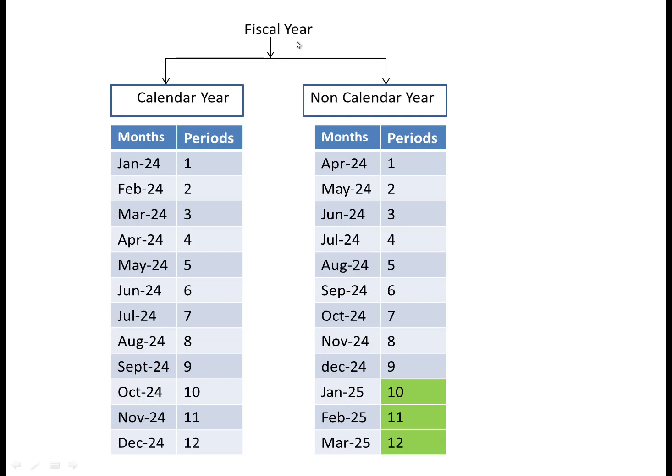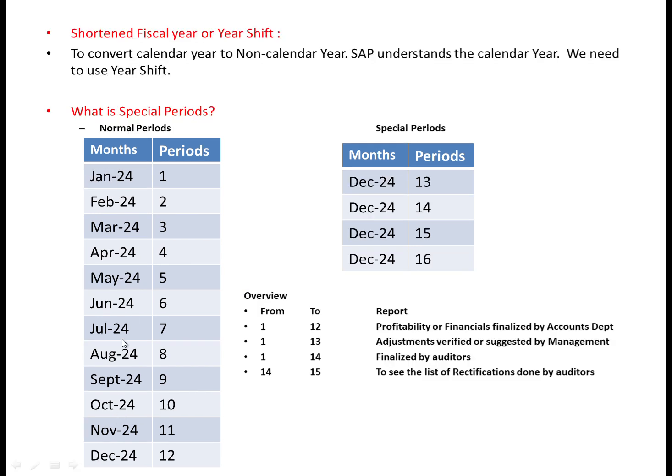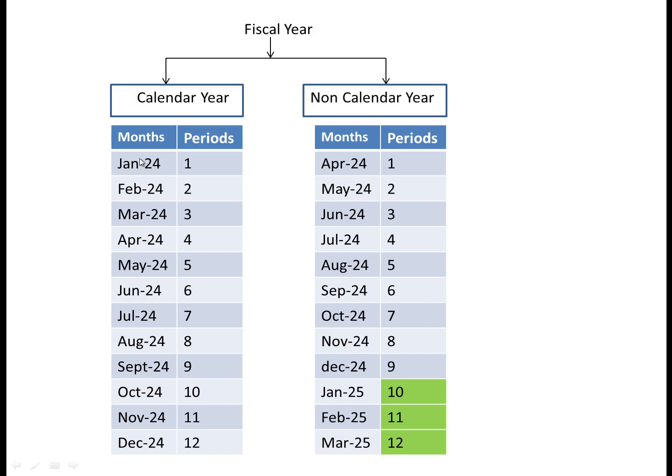Here we can see the fiscal year and the difference between the calendar year and non-calendar year. The calendar year starts from January and ends in December for the year 2024, and these are known as periods. A fiscal year variant has 12 posting periods.